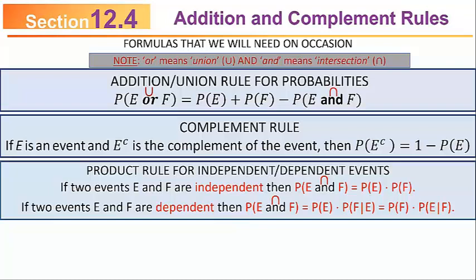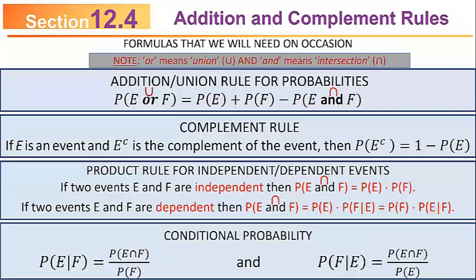But it says, if two events E and F are dependent, then the probability of E and F is equal to the probability of E times the probability of F given E, which is also equal to the probability of F times the probability of E given F. Remember, I haven't even introduced that notation where the vertical line is used in this context yet, but I will.